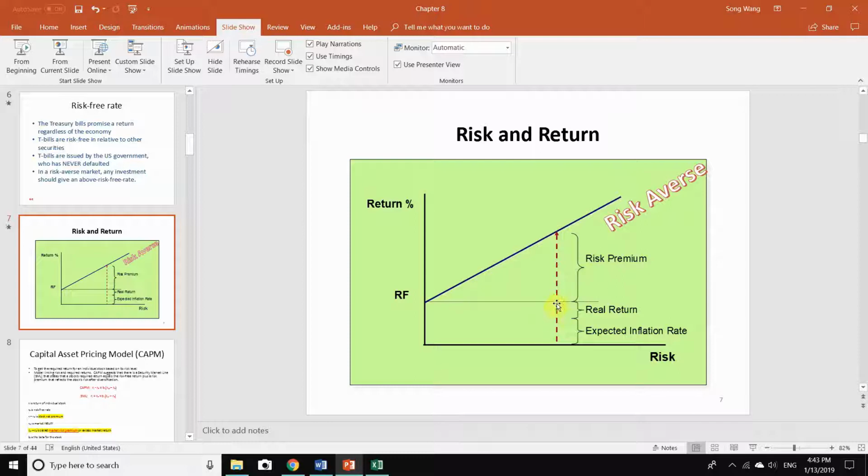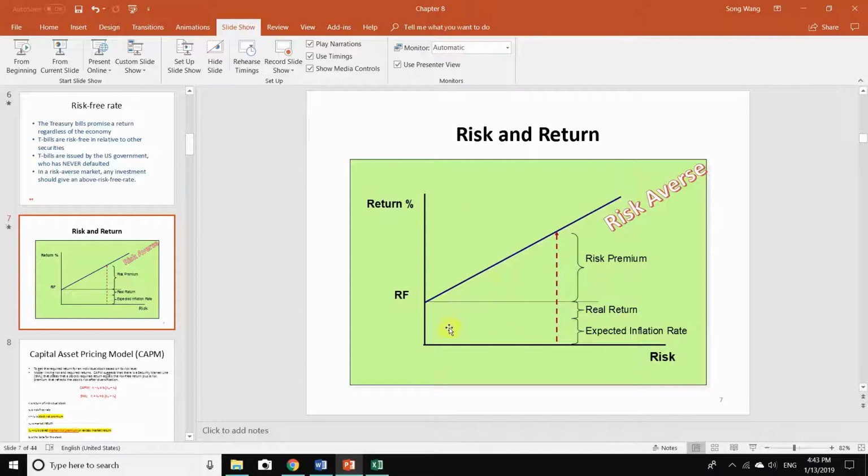So there's a risk-free part that is contained within the overall return. There's also a risk premium part that is included in the overall return. Okay, so the risk premium is the part of the return used to compensate for the actual risk the investor is taking. Once again, we are assuming the investors are risk averse. So for higher risk, they want to be compensated with more return.